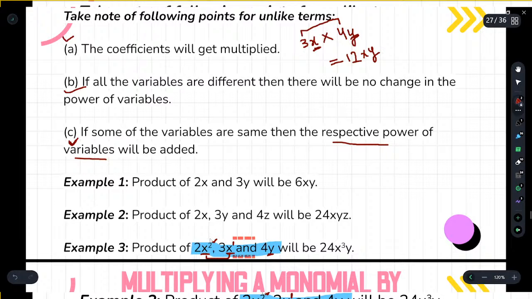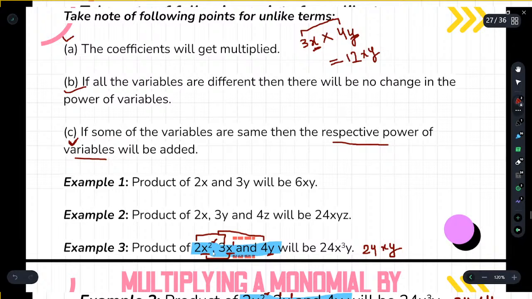Now let's do this example number 3. According to my first step, let's first of all multiply these coefficients. 2 into 3 is 6 and 6 into 4 is 24. So 24 is here. Now the next step was, if the variables are different, then there will be no change in the power of the variables. y and x are different, so let's write x and y.